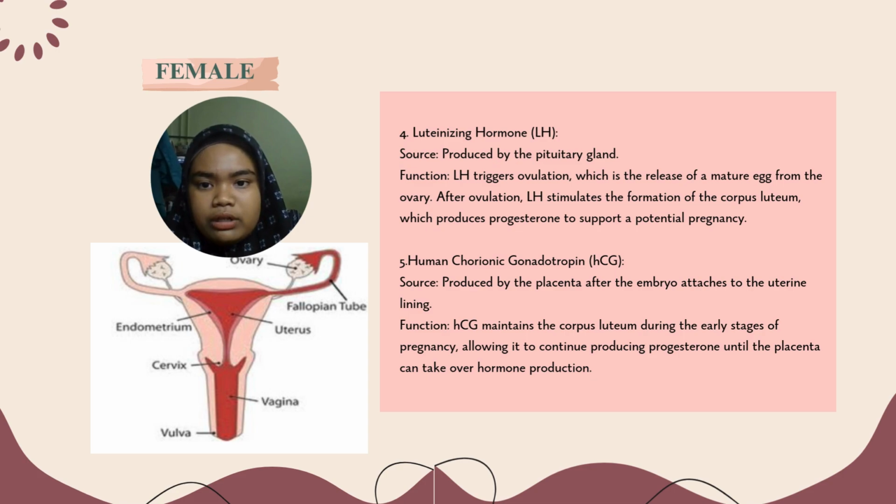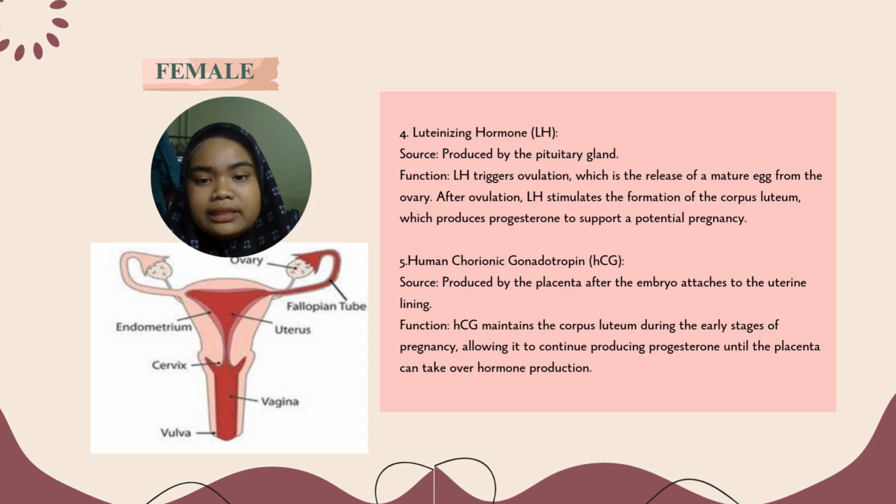LH trigger ovulation, which is the release of mature egg from the ovary. After ovulation, LH stimulates the formation of the corpus luteum, which produce progesterone to support a potential pregnancy.